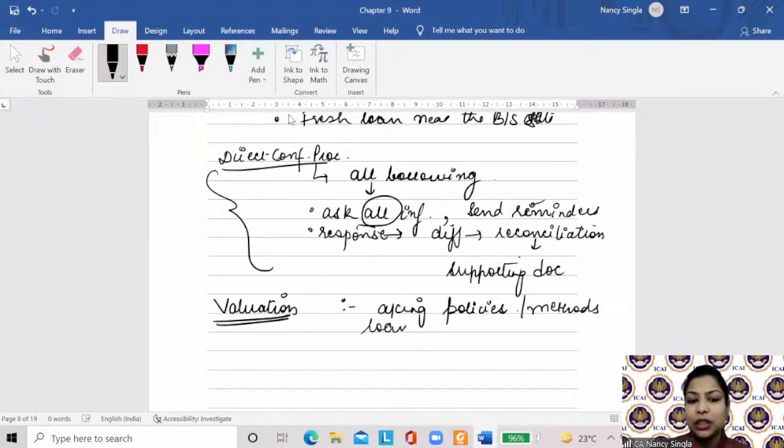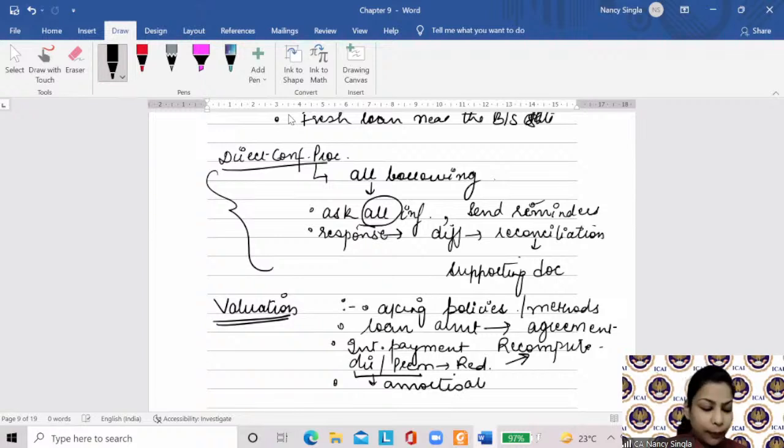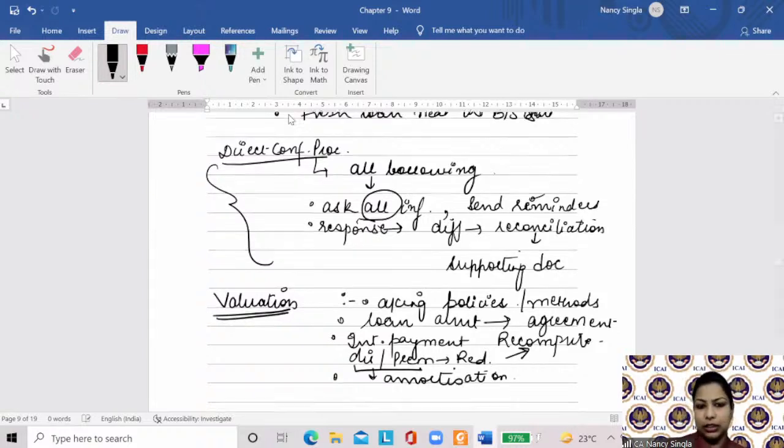Then see whether the loan amount that is shown in the books of accounts, the interest amount that agreed, can always recompute the interest payment. Or if any discount or premium is there on redemption of debentures, the auditor can always recompute the discount and premium on the redemption of debentures. These are amortized. So auditor can see the amortization of all these things.